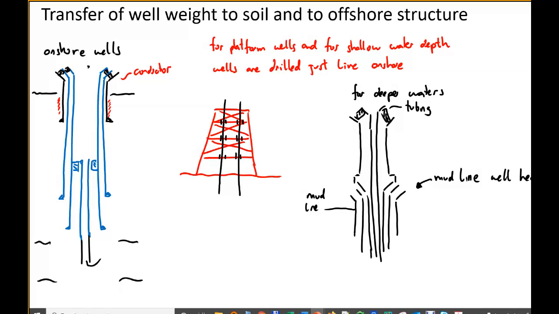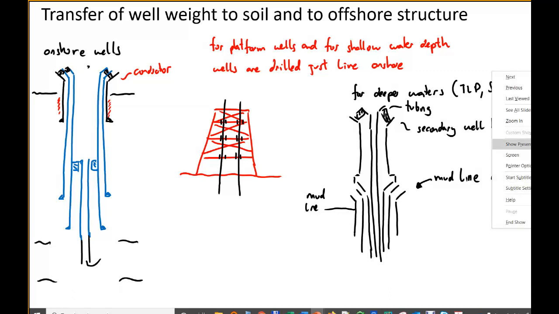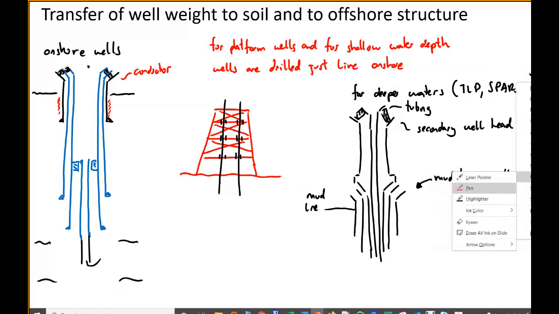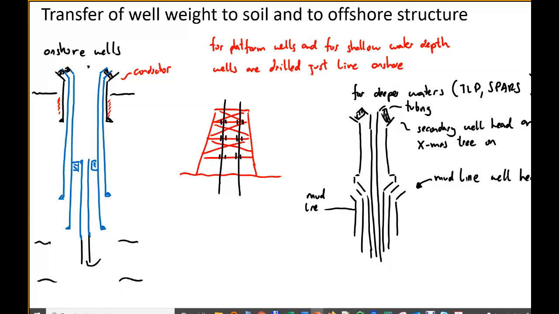Okay, so in offshore, when you have deeper waters, for example, that's for TLPs, that's for spars, they have this system in which you have a wellhead in the mud line, and then you have a secondary wellhead and Christmas tree on the structure.